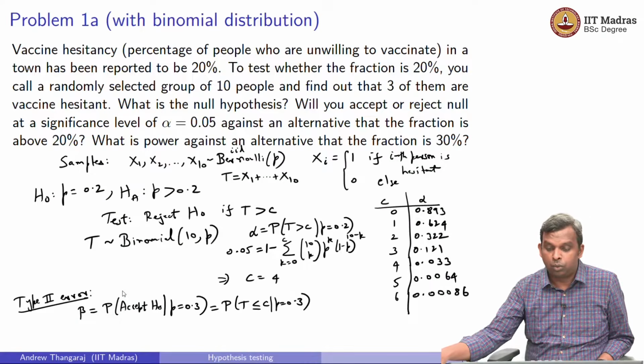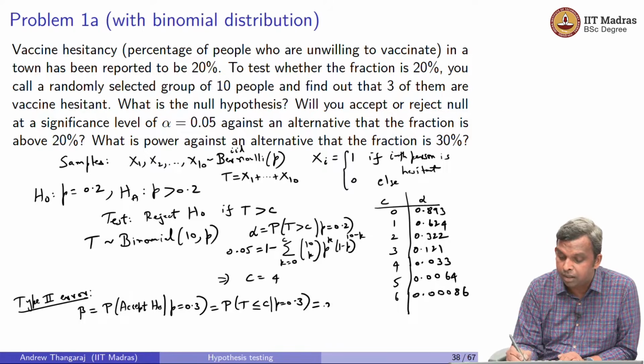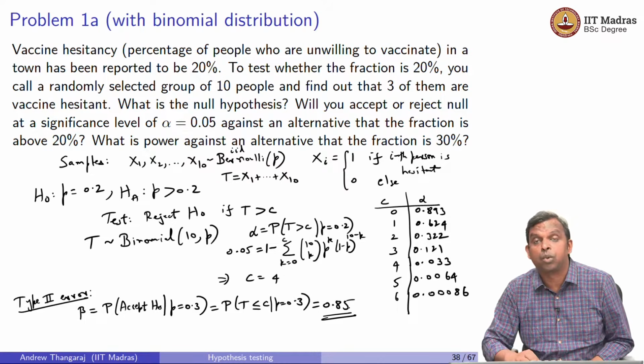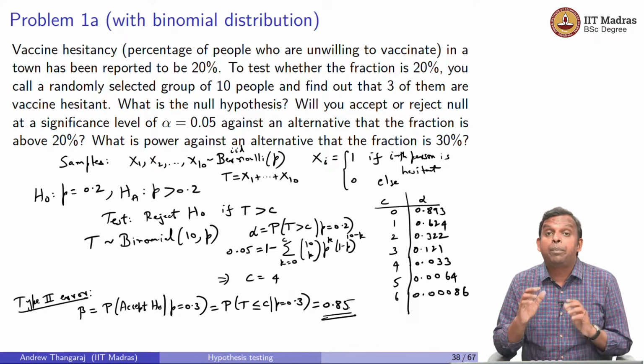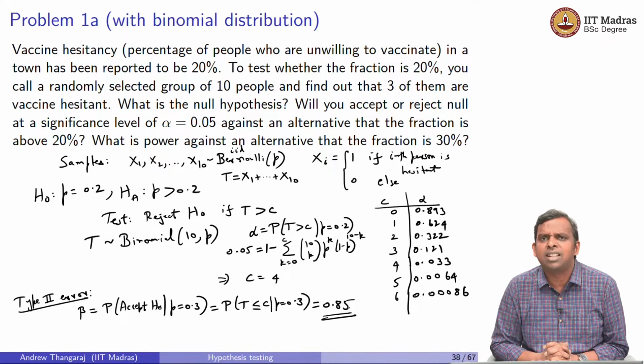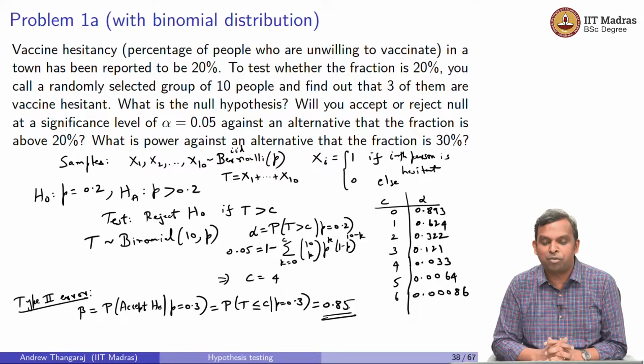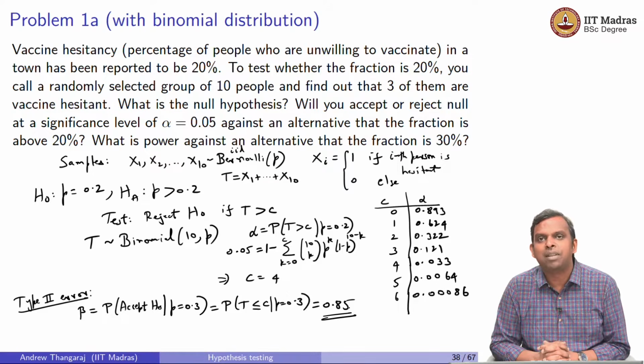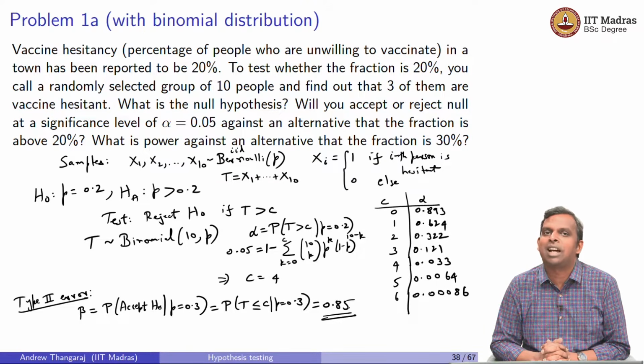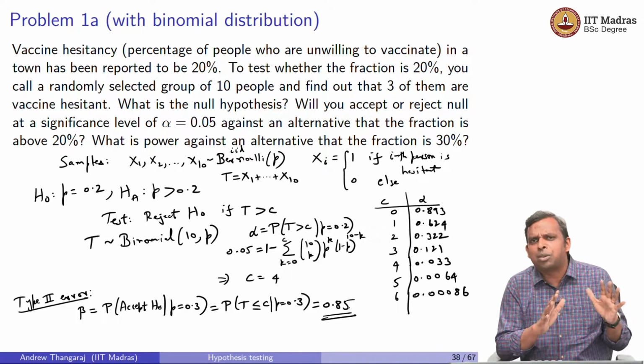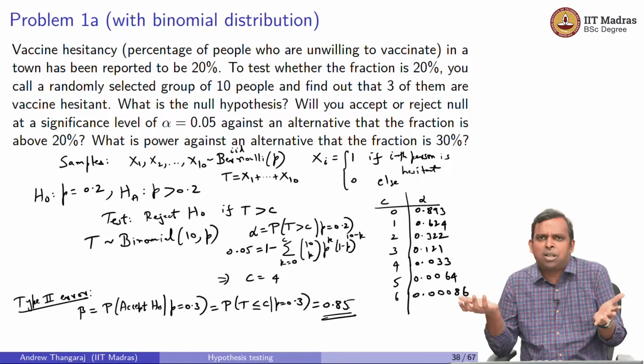Okay, 0.85. Okay, so look at how high this value is. Okay, so your type 2 error probability is really high. When you have just 10 people and 3 of them have told you they are vaccine hesitant, you just look at the null hypothesis, you don't worry about anything else. It seems like you have an okay test.